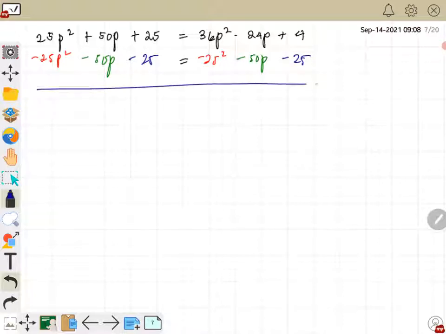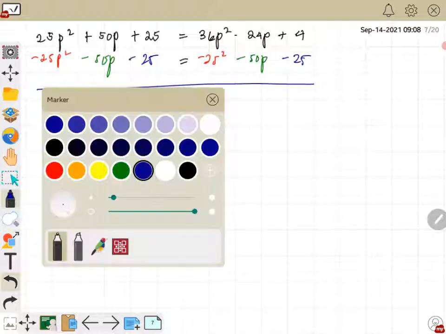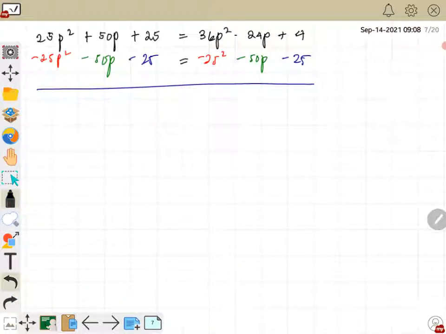What is left is that the left side becomes all 0. The 36p square minus the 25p square becomes 11p square, then this becomes negative 74p, and this becomes negative 21.